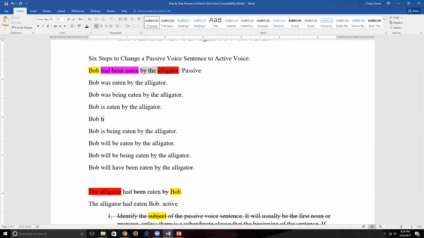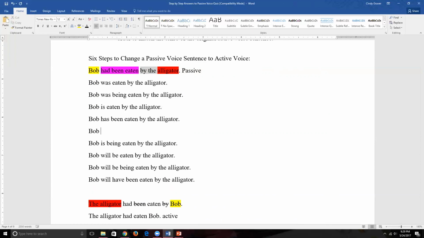Bob has been eaten by the alligator. Bob has been being eaten by the alligator.